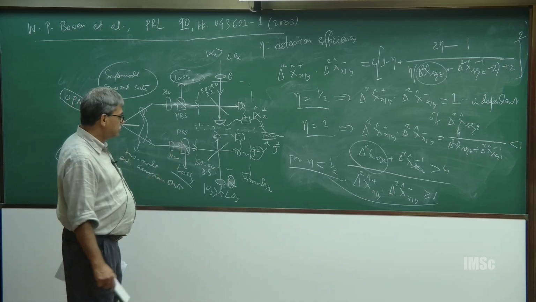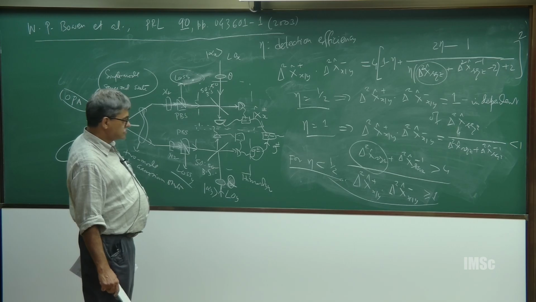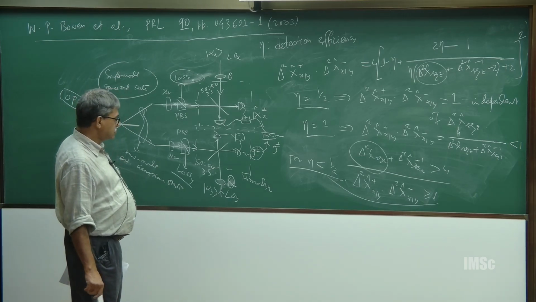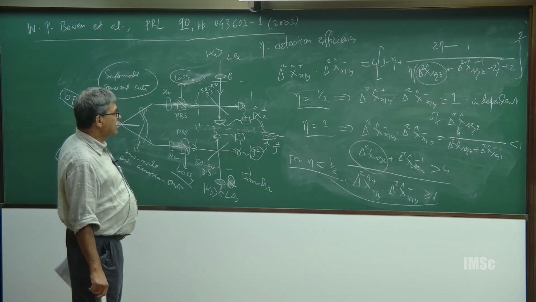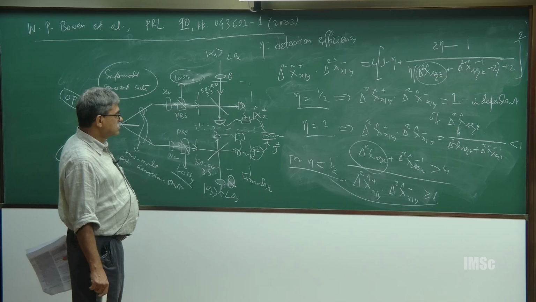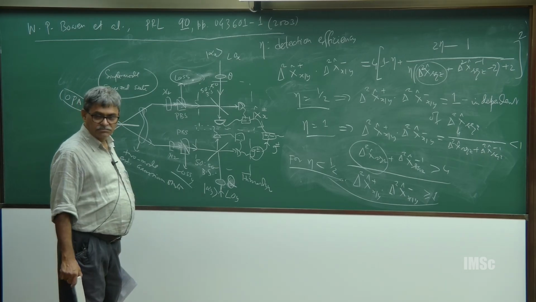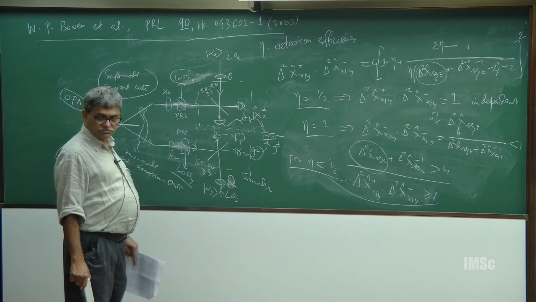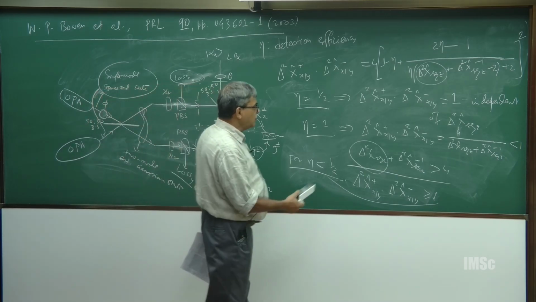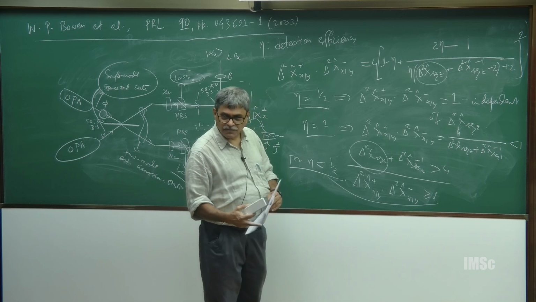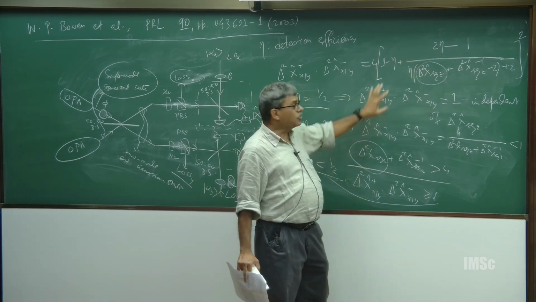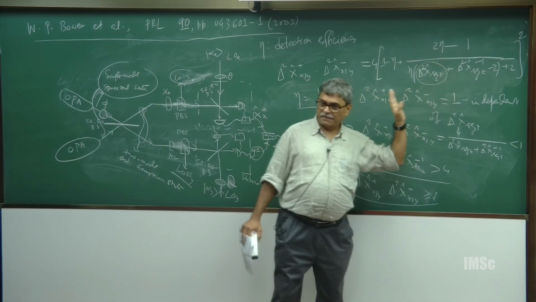So, that quantity is a function of eta and the squeezing. If eta is put to be less than half, then the only variable left is the squeezing. Whatever non-zero squeezing you can think of, this entire thing when eta is less than half will be always greater than or equal to 1.